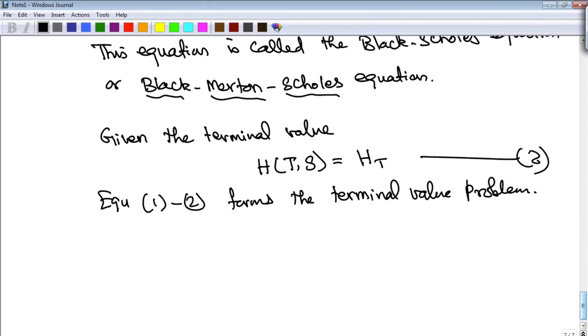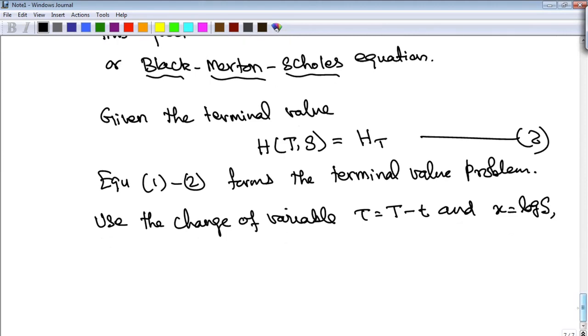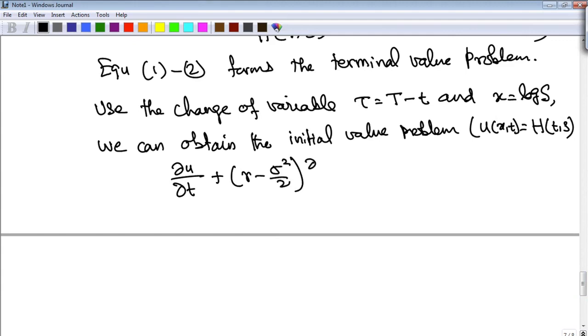You can make a change of variable tau is equal to capital T minus small t and x is equal to log S. We can change this terminal value problem to the initial value problem, or otherwise called the Cauchy problem, where u of x comma tau is taken as H of t comma S. After making the change of variable, we will denote H by u, and that gives us ∂u/∂tau equals (r minus sigma square by 2) ∂u/∂x plus sigma square by 2 ∂²u/∂x² minus r u.